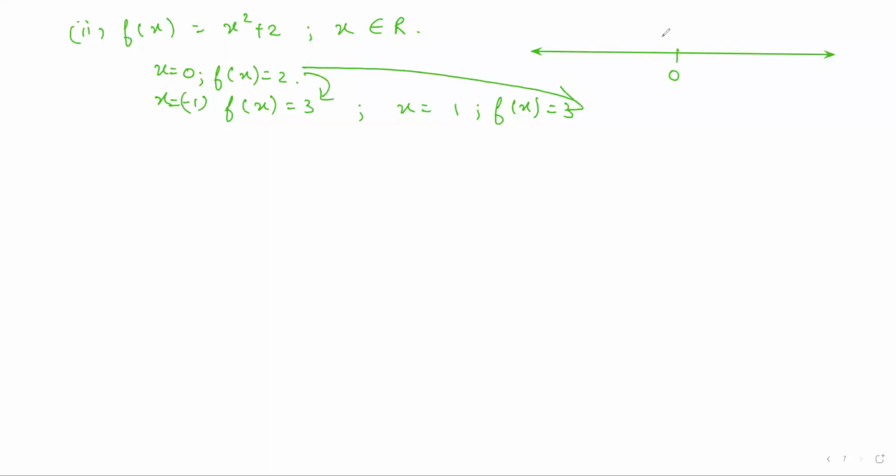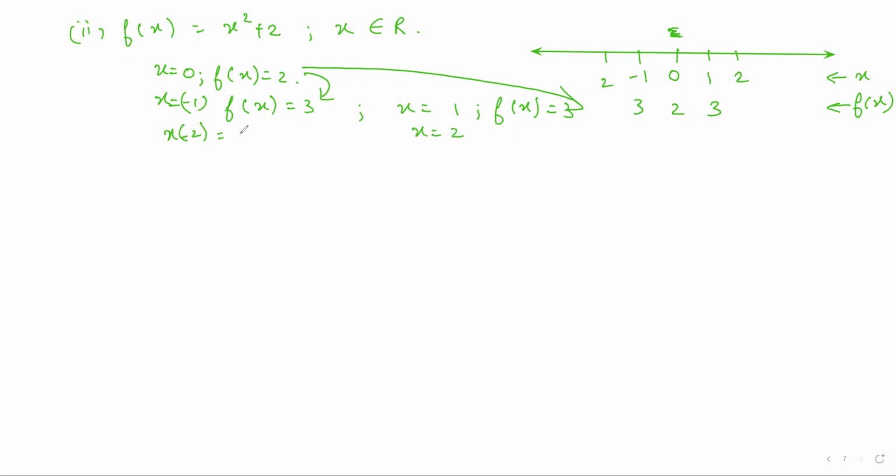For 0, your f of x is equal to 2. For 1 or for -1, your f of x is equal to 3. Beyond this point, let's calculate for 2 as well, and -2.